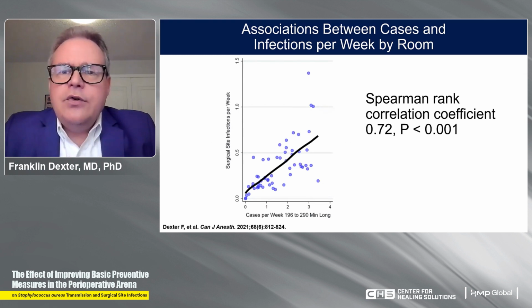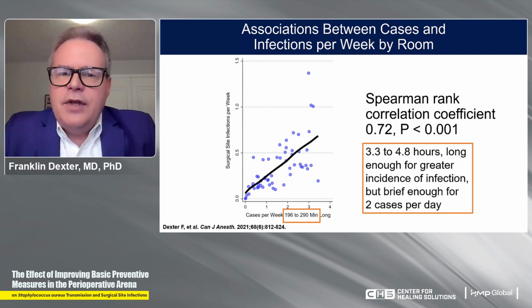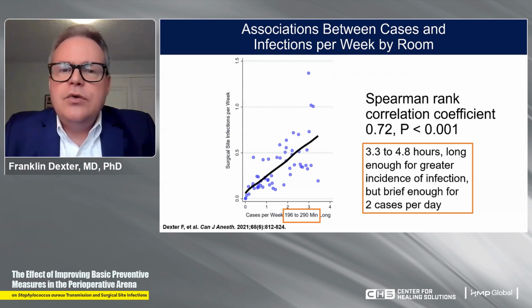Divide all the surgical cases into quartiles. There's a strong association between the number of cases and the number of surgical site infections when you limit to cases in the third quartile of duration. And at this hospital, those were cases that lasted from 3.3 hours to 4.8 hours. So why? First, in the range of 3.3 to 4.8 hours, those cases have surgical times longer than 2 hours.